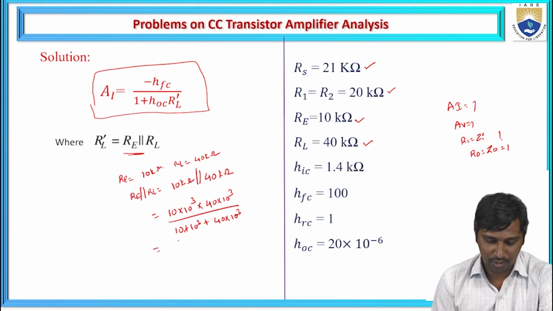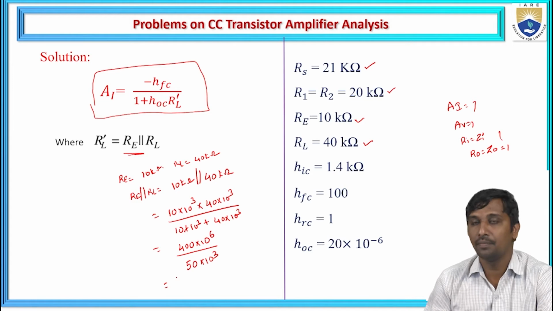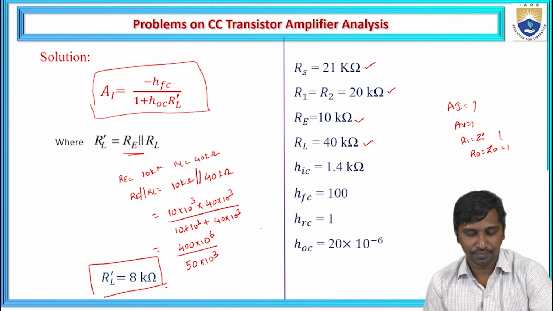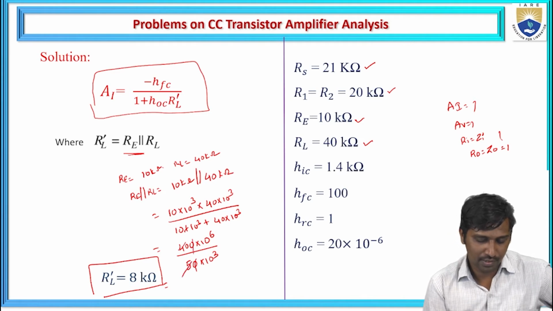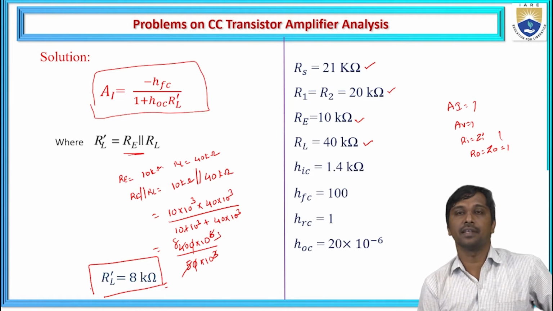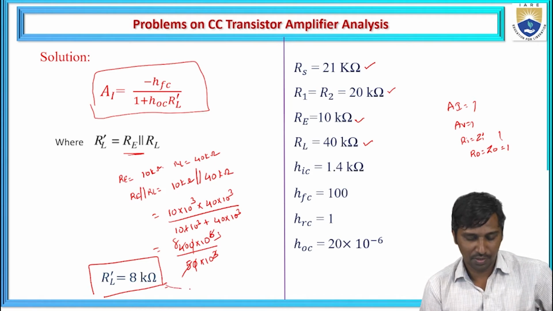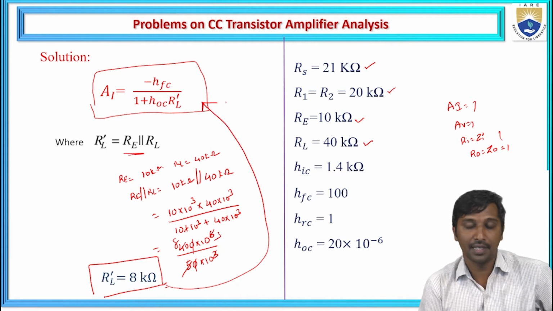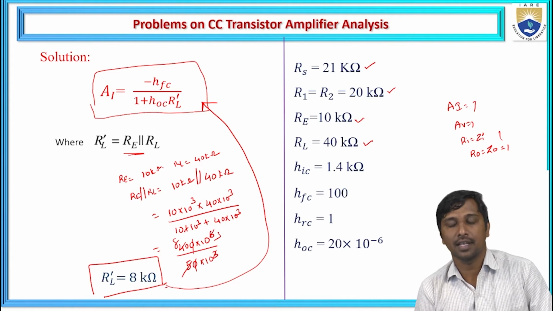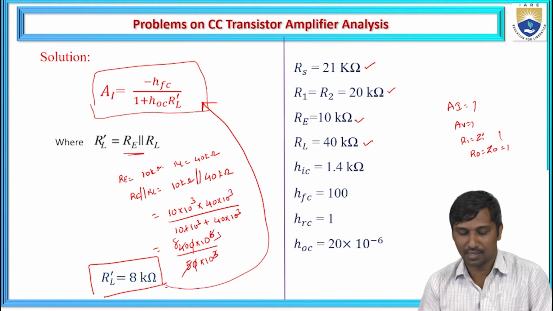That is 400 times 10 to the power 6 divided by 50 times 10 to the power 3. Simplifying this, R'L is 8 kilo ohms. Now we need to substitute this R'L in the relation to determine the current gain of the common collector transistor amplifier based on the specifications.